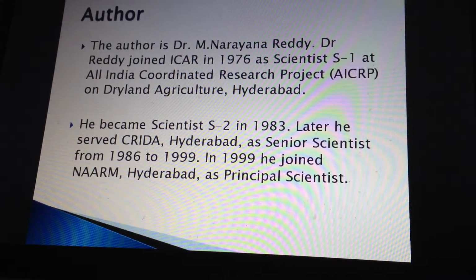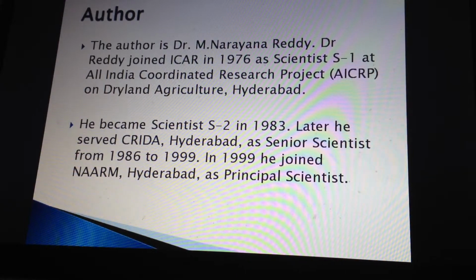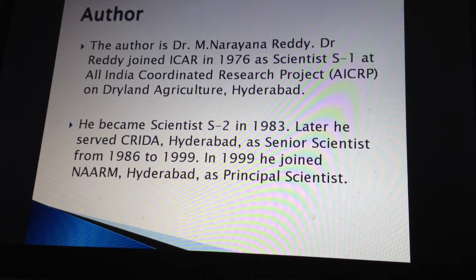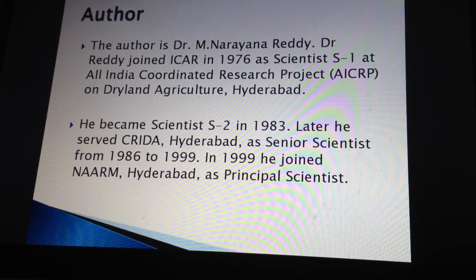About the author: Dr. Reddy joined ICAR in 1976 as Scientist 1 at the All India Coordinated Research Project AICRP on Dryland Agriculture, Hyderabad.